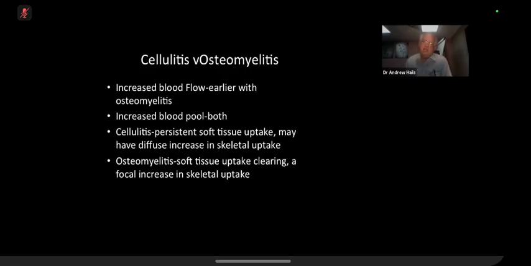It's not very easy to tell cellulitis from osteomyelitis on these scans, firstly because blood flow is increased, and therefore in cellulitis you do get increased uptake in the area affected by the cellulitis. But on the whole, it tends to be much more diffuse.